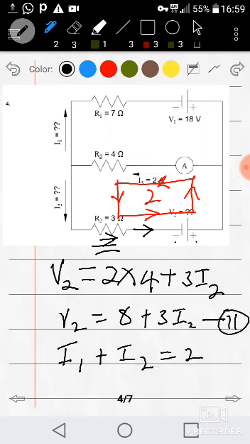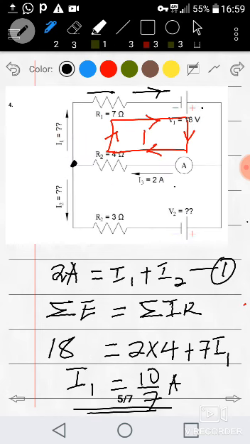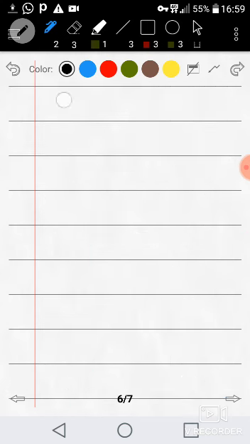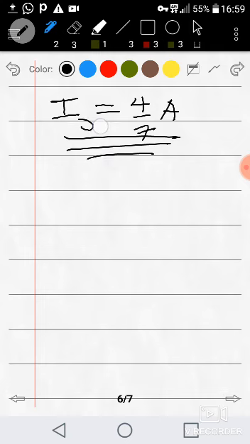But I1 is 10 out of 7, plus I2 should be equal to 2. So that means I2 is equal to 4 out of 7. That is I2. So this is the current I2 flowing through the circuit.